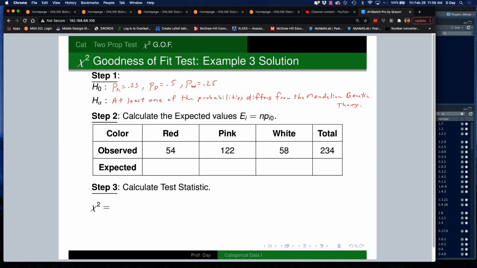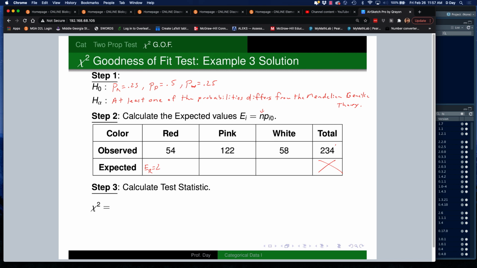So now we have to calculate the expected values of each one of these. Again, ignoring this total row, we don't need anything there, but we do need the remaining 3 cells. We know the total is 234 overall. That's our n. So let's define the expected value of the reds in this case.